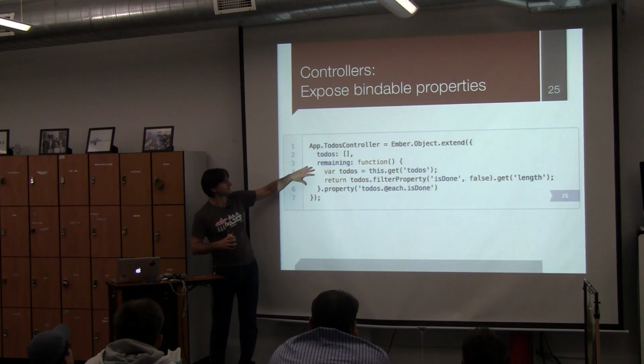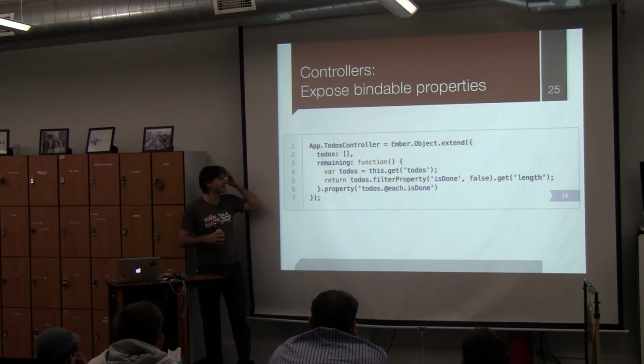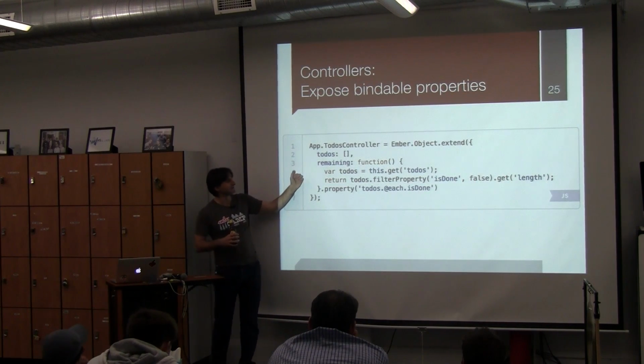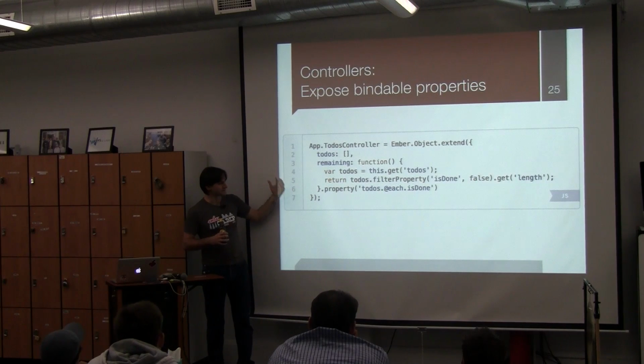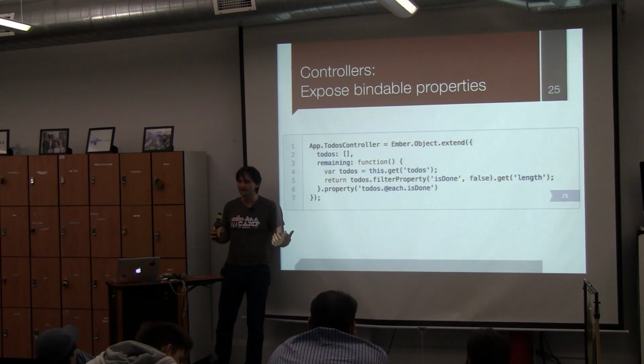Here I would say controller get remaining, and it's actually a function that's going to get executed the first time. And if I observe this property, which is how data binding works in Ember, it's going to rerun this property each time it changes. The problem is, how do we know when it should change?